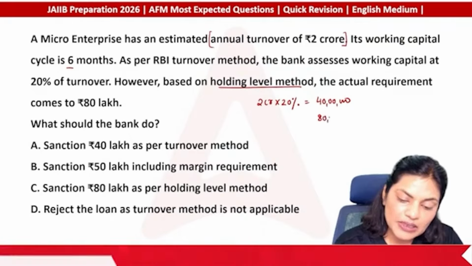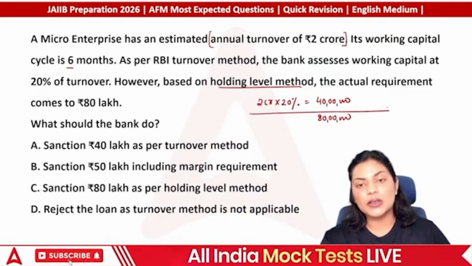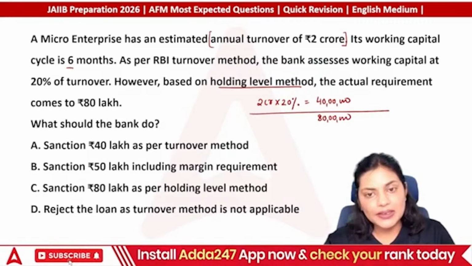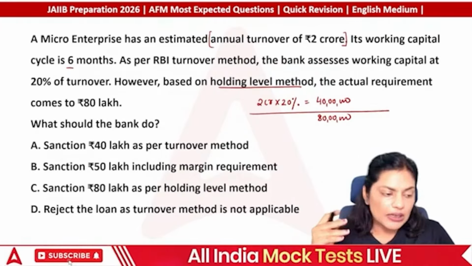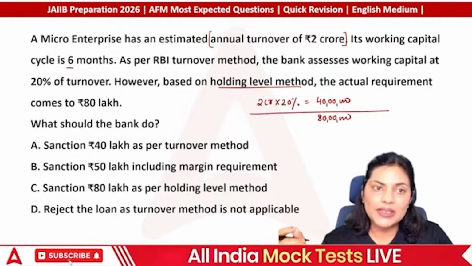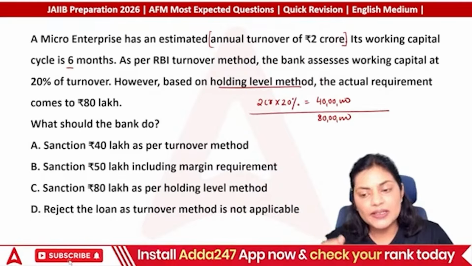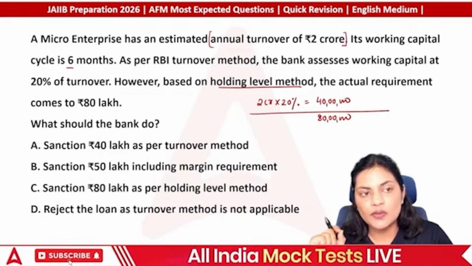Then what should be done in that situation? So see, whenever we think of the turnover method, the consideration taken is 25%, which assumes that an organization has a working capital cycle of 3 months, right? If the credit cycle or operating cycle is more than 3 months, then this method would always underestimate the value of your working capital.